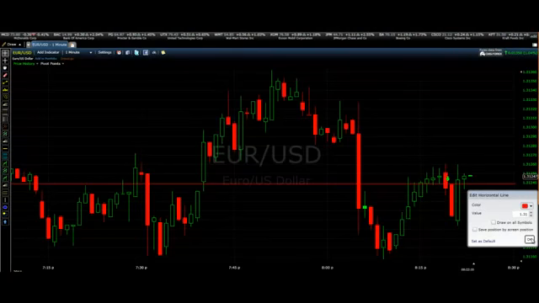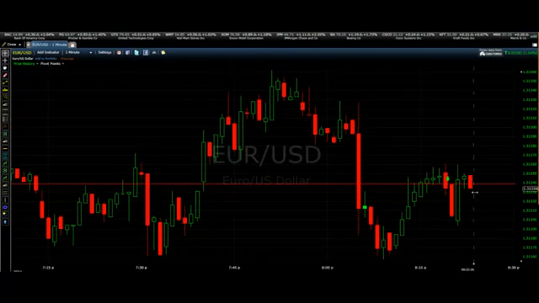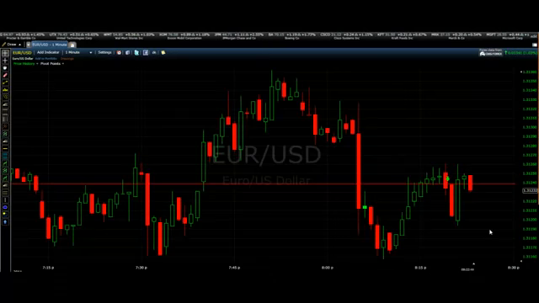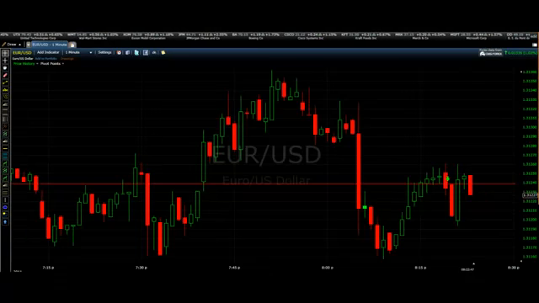So if I did a put, I will put a red line, and if I do a call, I will put a green line. And it just gives me a visual reference of where the target needs to go, either under my line or over it. It's just for visual reference. However, it really means absolutely nothing in the trading world. But again, I will pause this again, and I will come back in just a little bit, and we can see how it's progressing.